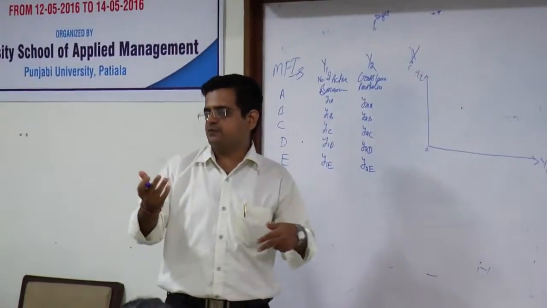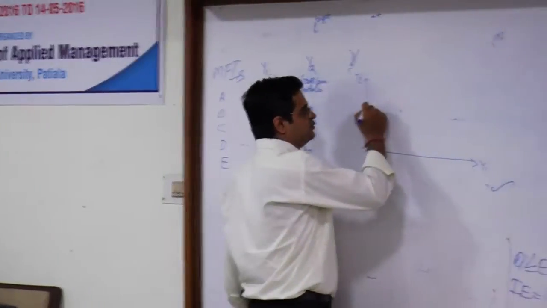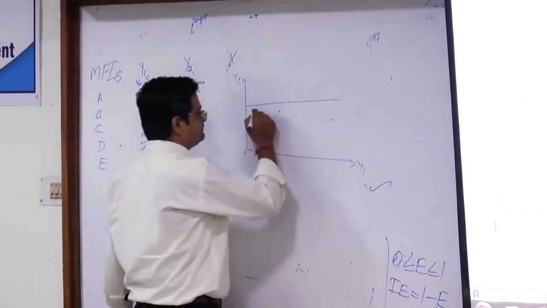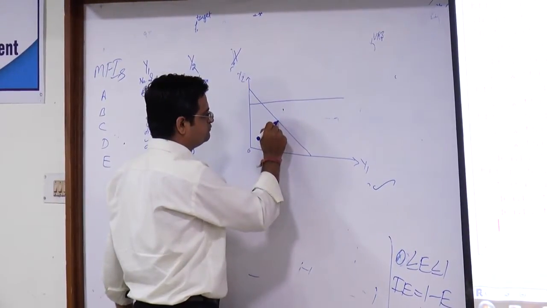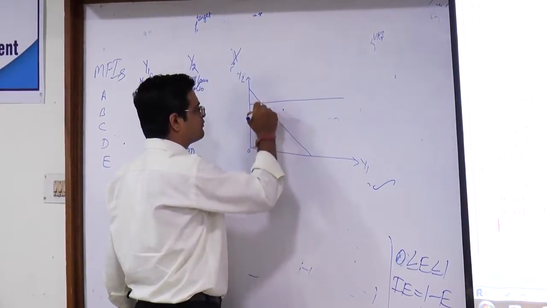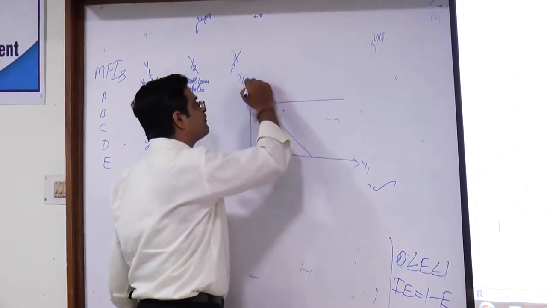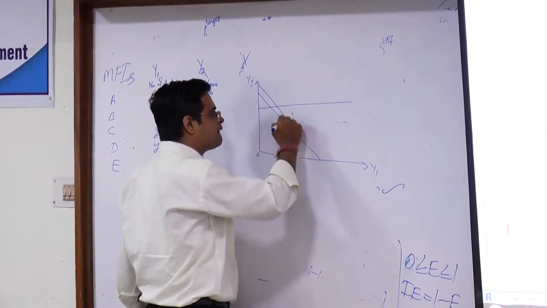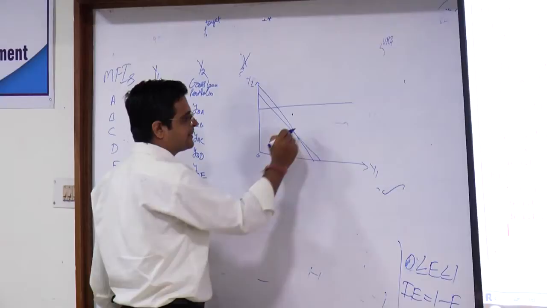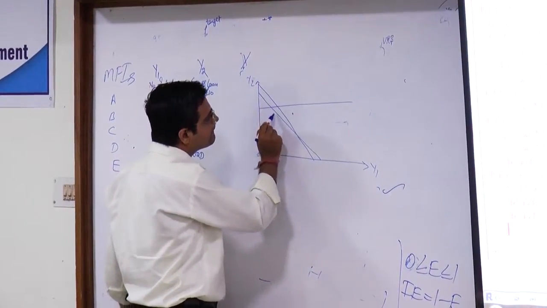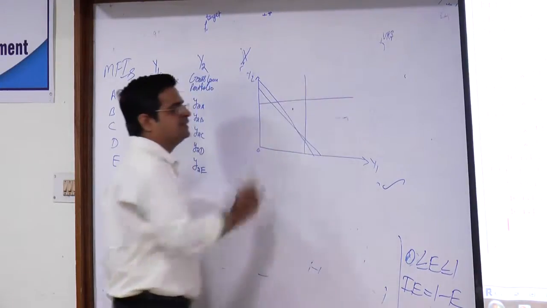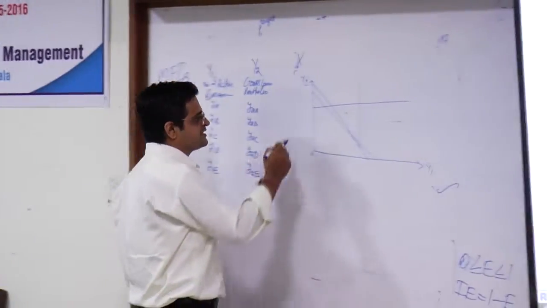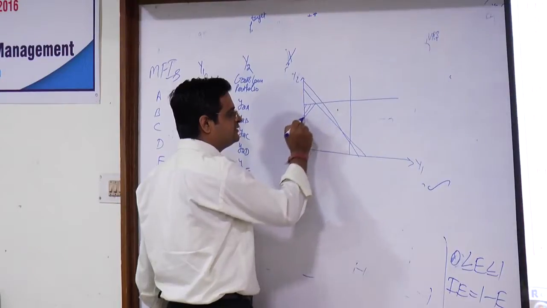I plot different inputs as different constraints. Suppose the plot is like this, and this. All these are less than or equal to constraints. If all are less than or equal to constraints, then what would be the feasible region?